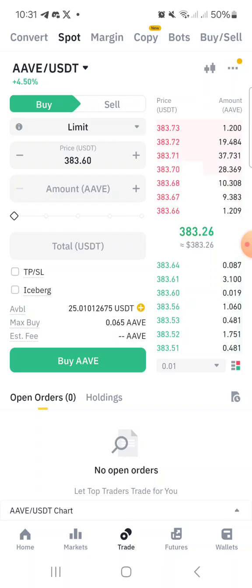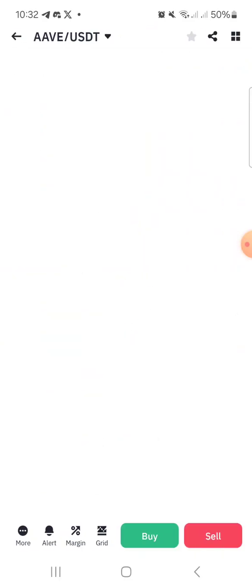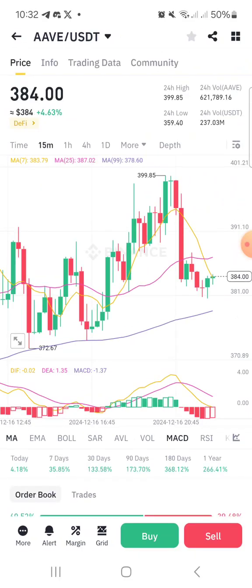We also talked about the fact that in any trade that you want to enter, ensure that you have your stop loss and your take profit instituted. So, for example, if I want to take this trade, Aave is currently at $383.73. Let me look at the chart again.